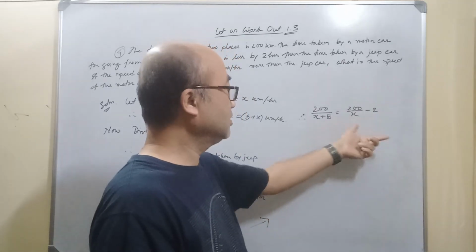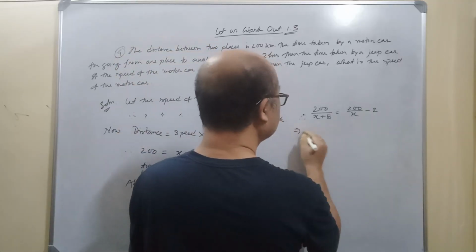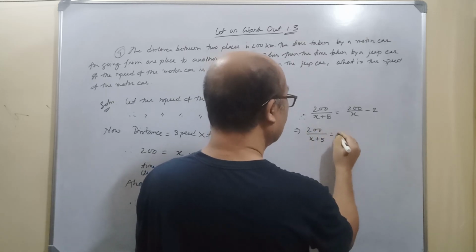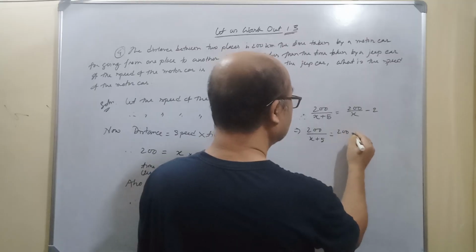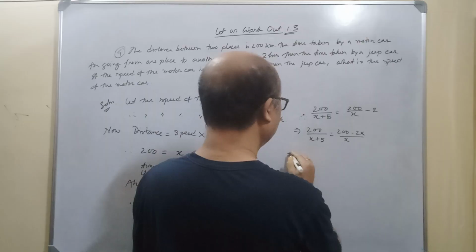Okay, so this is equal to this one. So what we do is, we get 200 by x plus 5 equals 200 minus 2x by x.